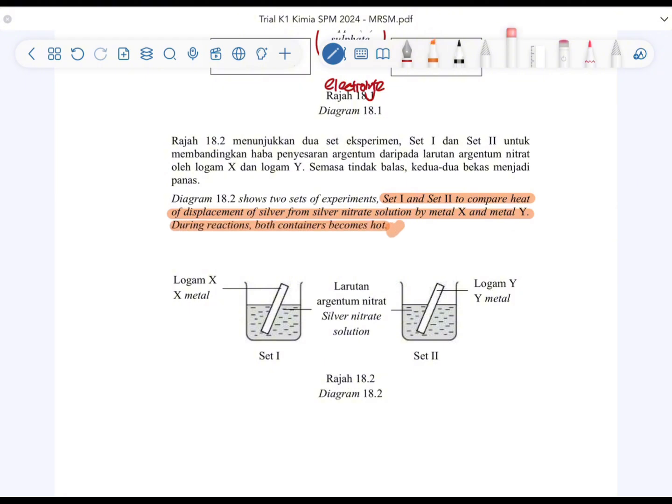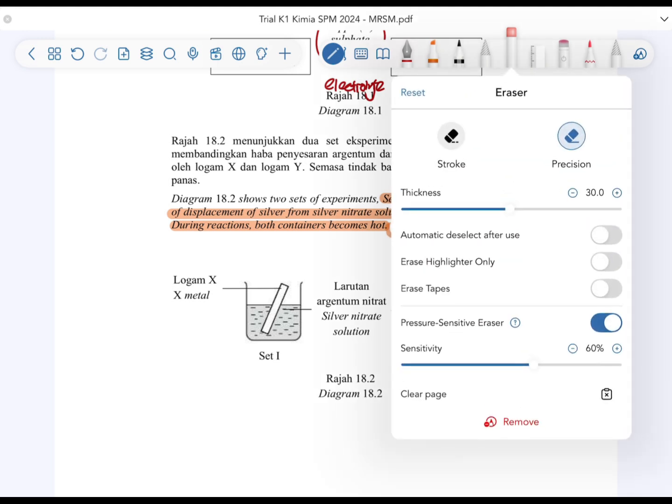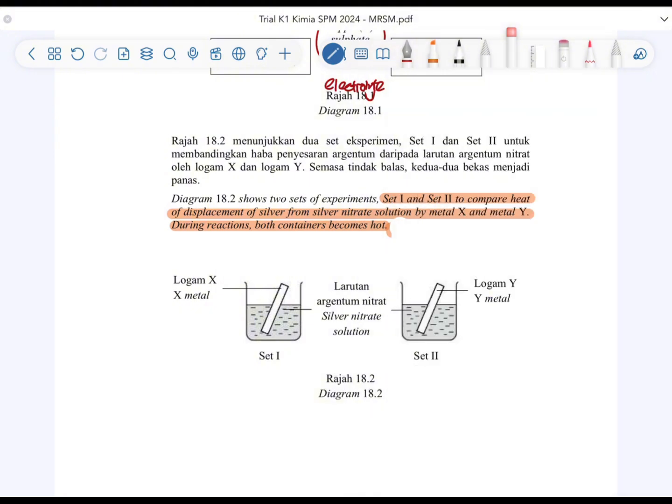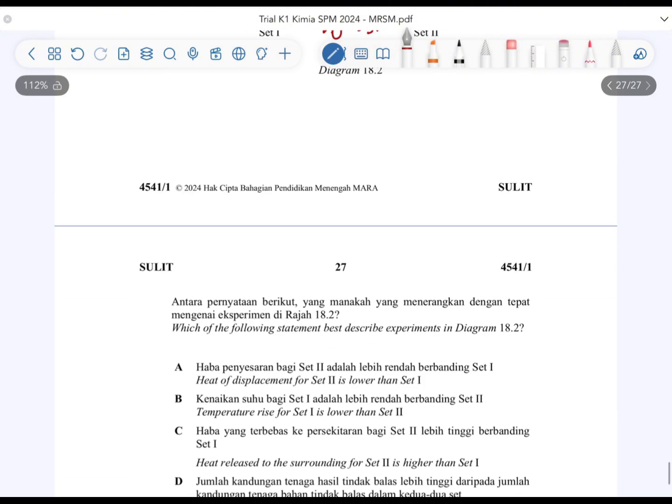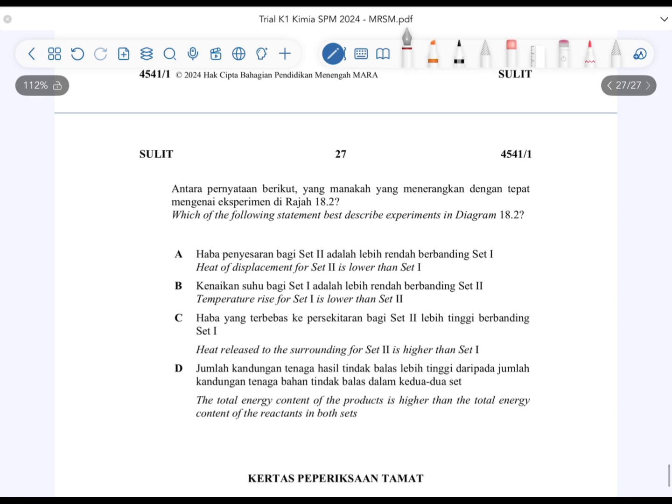So it means that the reaction does happen. Silver nitrate solution, AgNO3. Which of the following best describe the experiment in diagram 18.2?